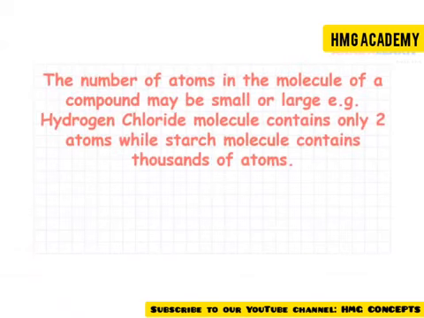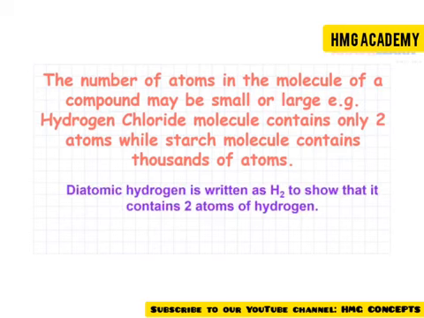The number of atoms in the molecule of a compound may be small or large. For example, hydrogen chloride molecule consists of only 2 atoms, while a starch molecule contains thousands of atoms.